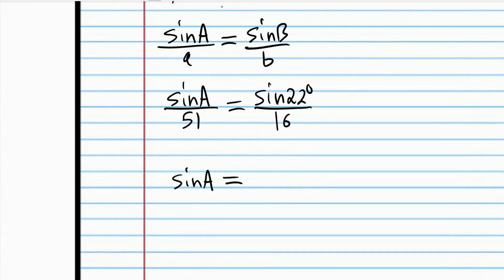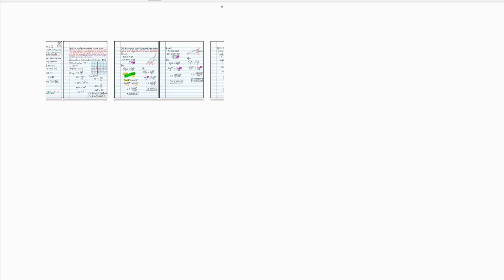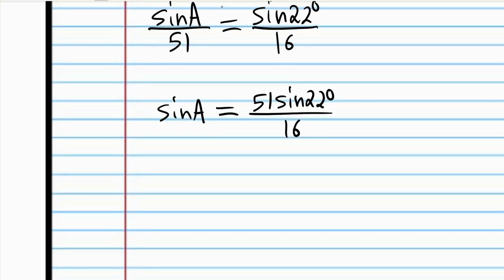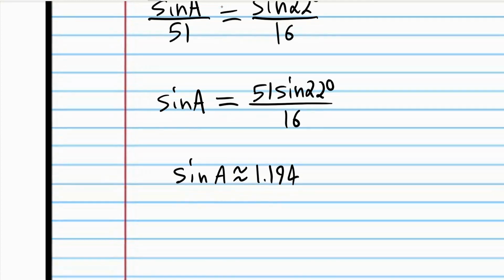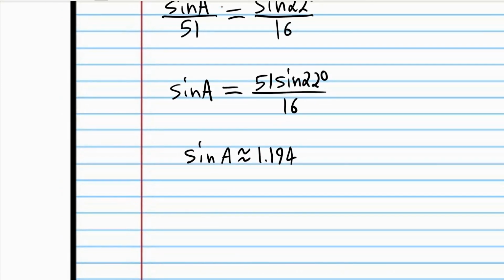So sine A is approximately equal to 51 times sine 22 degrees over 16. And we can enter that into the calculator. And sine A is then approximately equal to 1.194. And at that point we can say that that cannot be true, and there's no triangle possible.